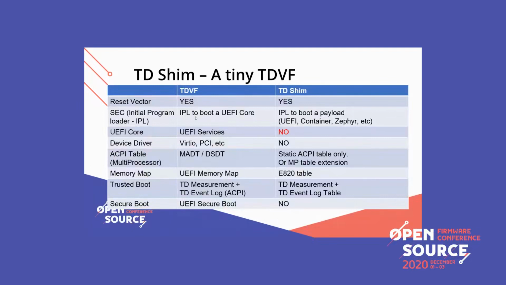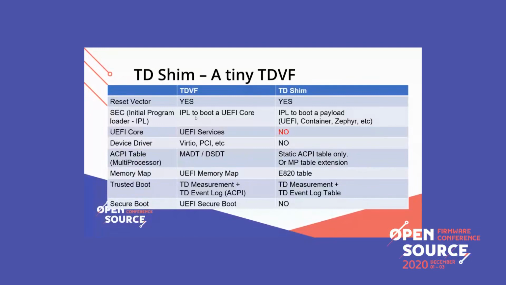In order to support that case, we need a TD-shim concept. TD-shim is a tiny TDVF. It only includes the SEC initial program loader, IPL, and does not have any UEFI core. Instead of booting a UEFI core, the SEC IPL can boot to any payload, such as a UEFI payload, a container payload, or even Zephyr.